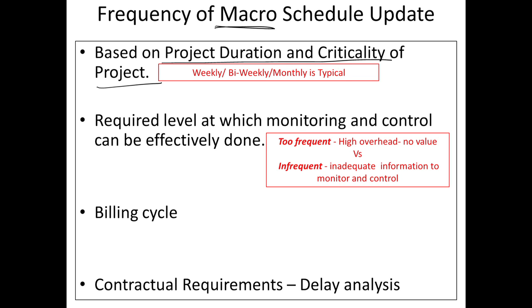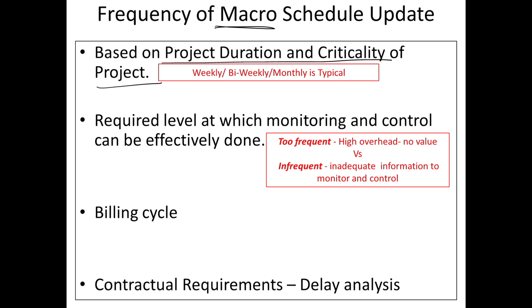Now, the required level at which monitoring and control can be done is, like we discussed, if it is too frequent, there is high overhead and no value. If it is infrequent, there is inadequate information to monitor and control. I discussed this point earlier, but basically it seems that the more frequently I monitor, the better things are going to be, but you can use the trip example.